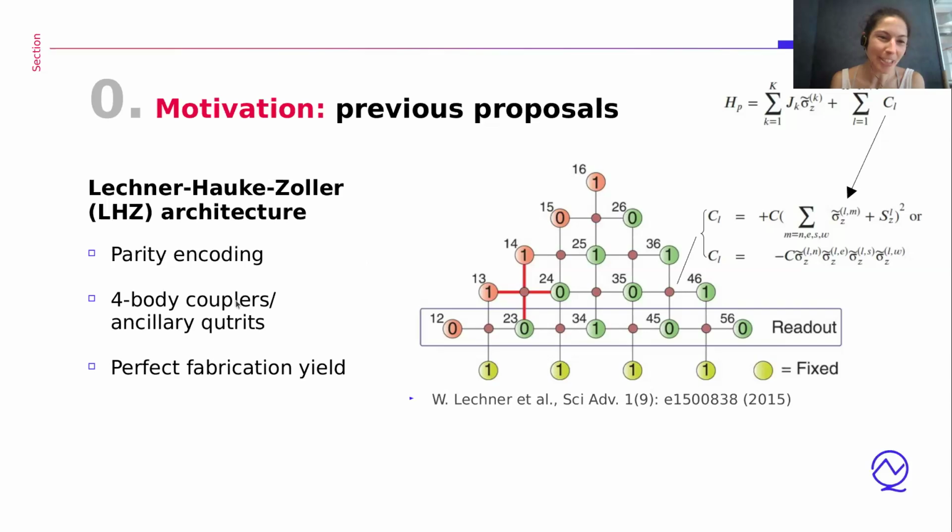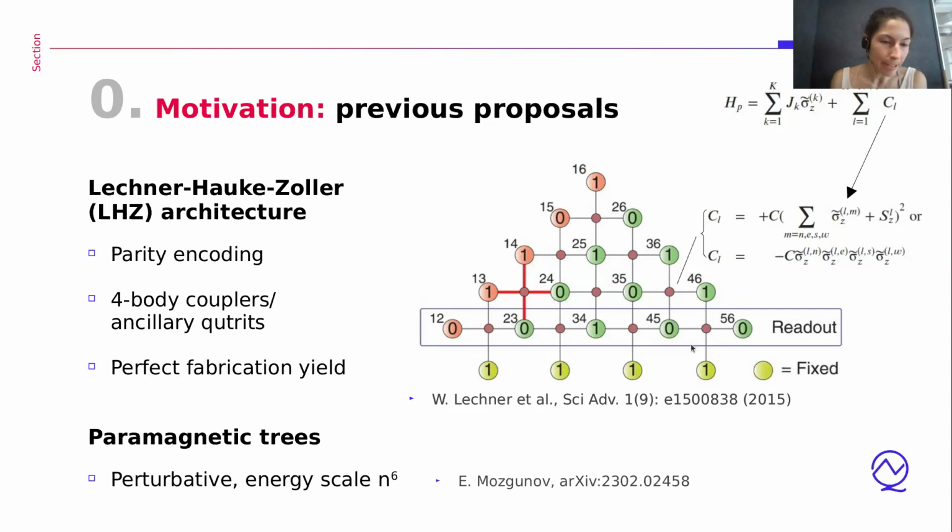But it requires four-body couplers or ancillary qubits to implement the constraints to go back to the logical subspace. This also implies a perfect fabrication yield for the device to work. A failure in any coupler or qubit is going to impact very much the sizes that you can achieve.